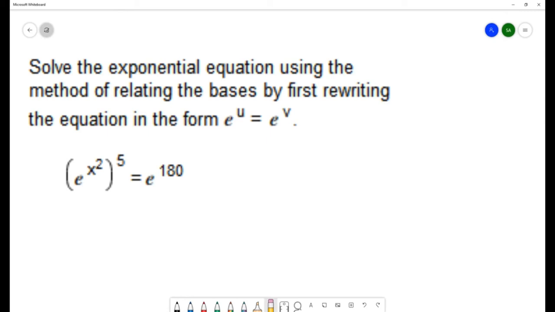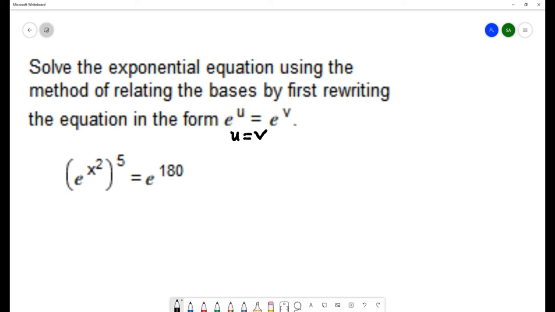For this question, we want to solve the exponential equation using the method of relating the bases by first writing the equation in the form e to the u equals e to the v. Now this form is very desirable because once we get the equation in this form, we're going to be able to simplify the equation by saying that the exponent on the left is equal to the exponent on the right.